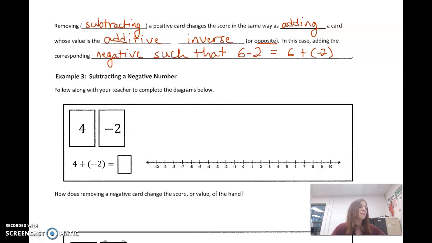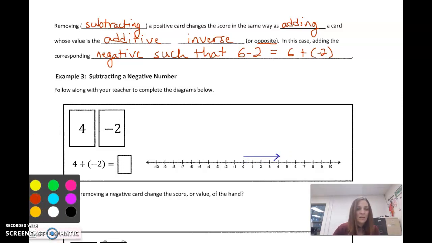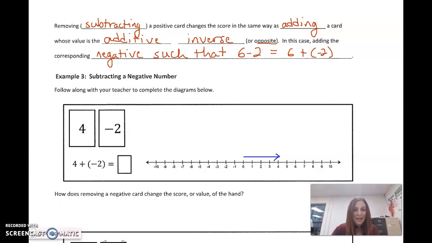What happens when we subtract a negative number? So let's try that. Notice we have 4 plus a negative 2 here. So let's represent that. I go from 0 to 4. And then I'm going to add a negative 2, so I'm going 2 units to the left.